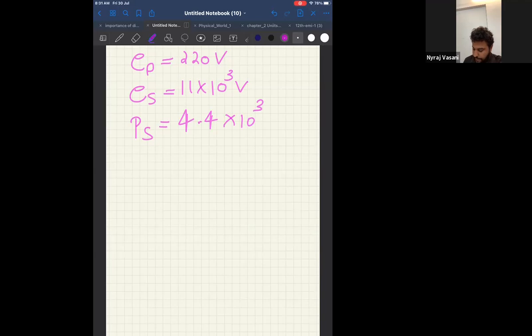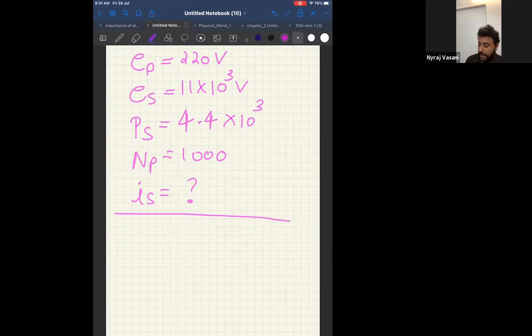Now, if the primary has 1000 turns, what is the current rating in the secondary? Means what is IS? Assume 100% efficiency of the transformer. Whenever they make such a statement, I'll have to use power formula, 100% efficiency.